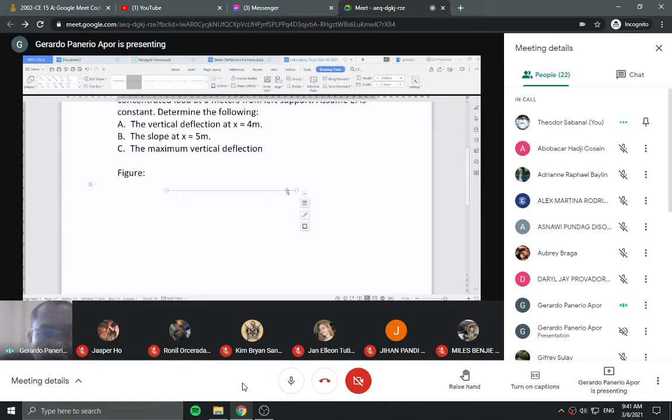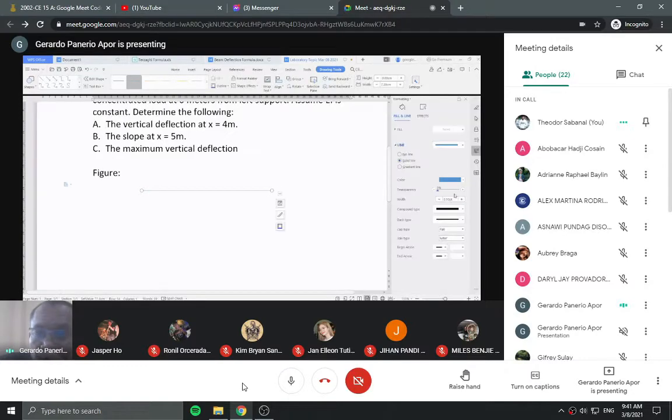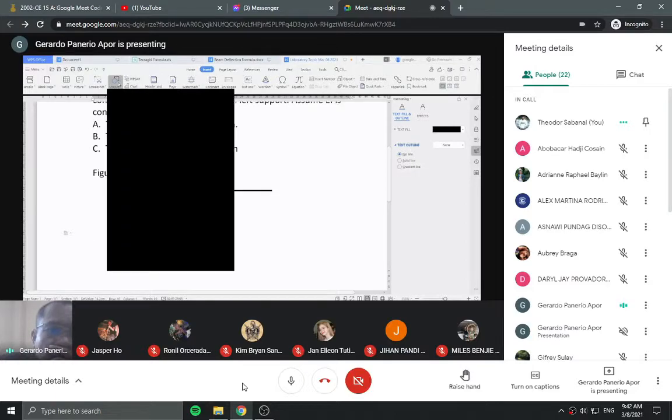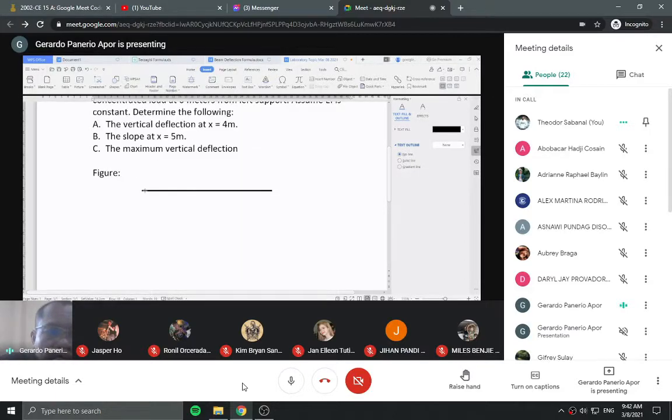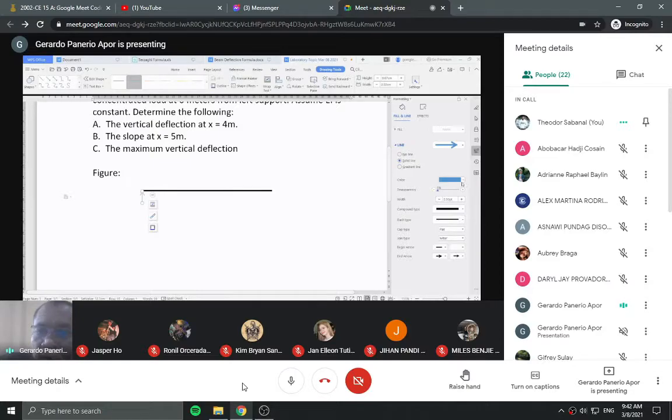Then we draw the supports. This is the left support. Then second, we copy that and paste it again.